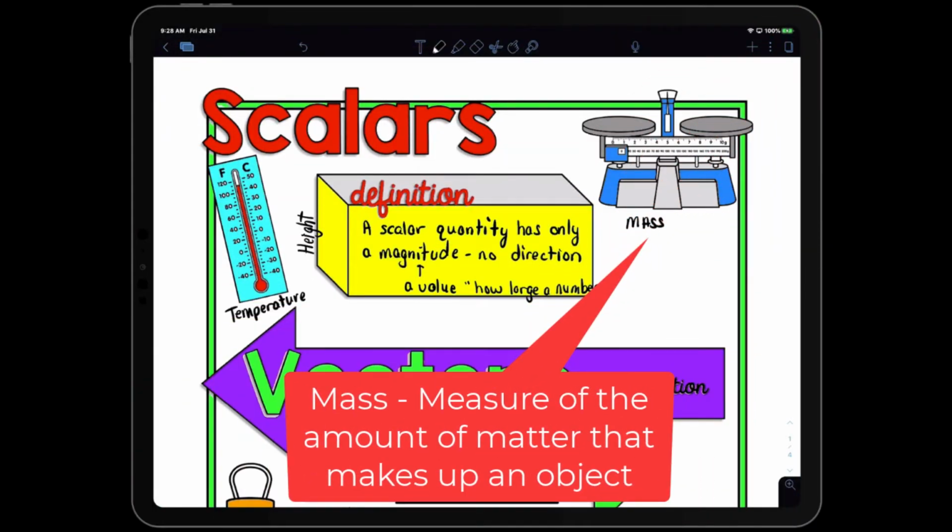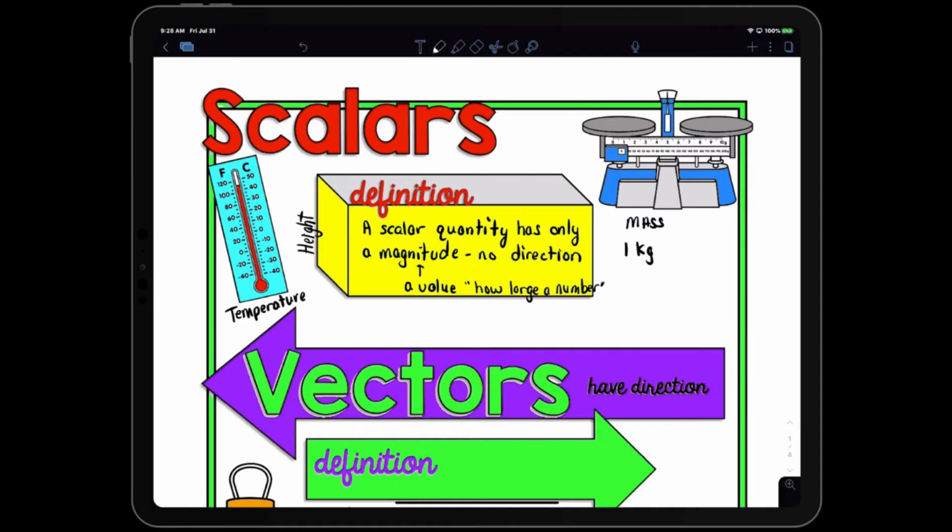If we're looking at the triple beam balance and we're trying to measure the mass of an object, when we have 1 kilogram, there's no direction associated with this. We don't say that it's 1 kilogram to the north, or 2.3 centimeters to the south. It's just a quantity.